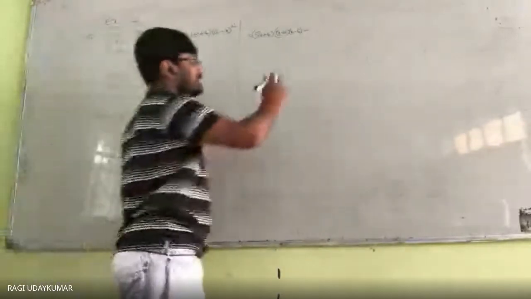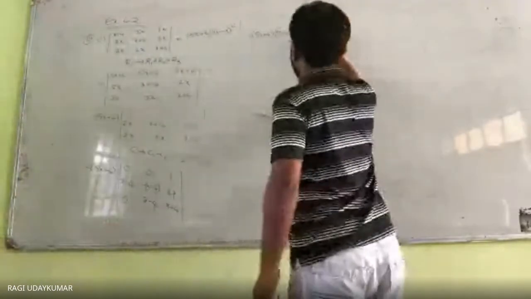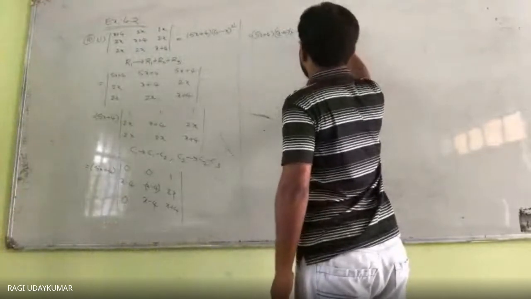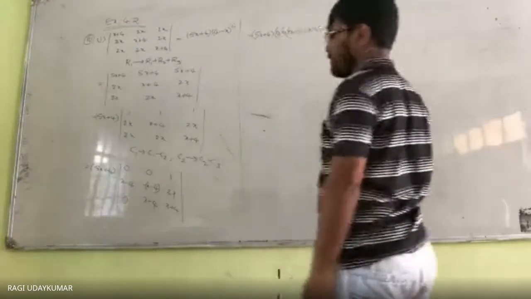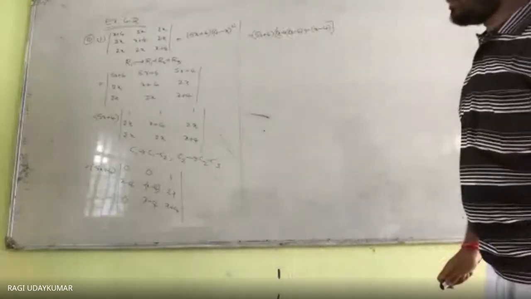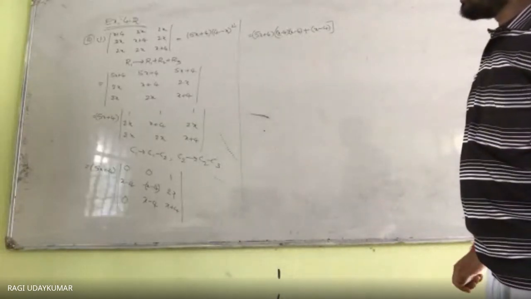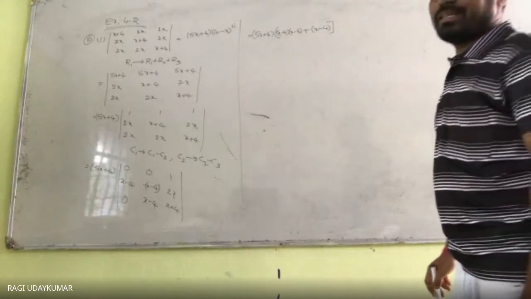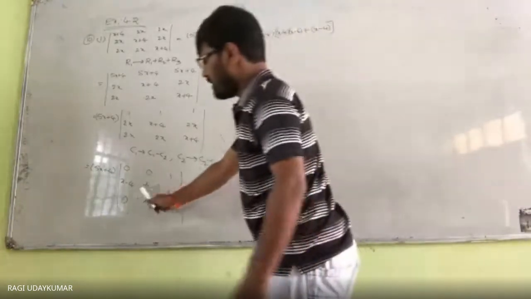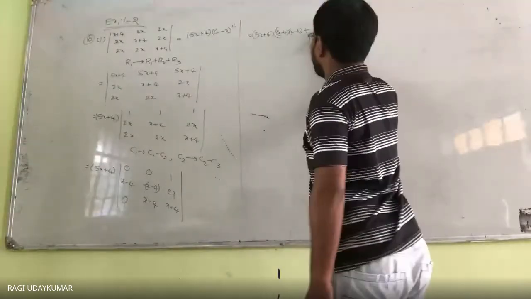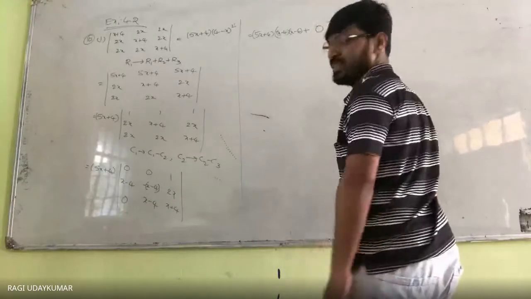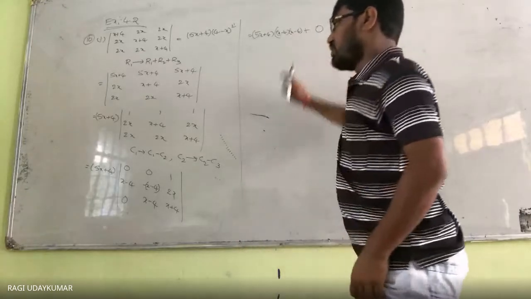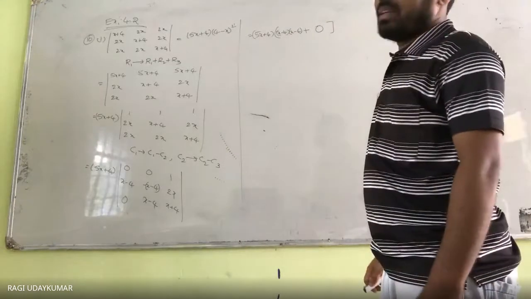So that minus and this minus will become the plus, and here x minus 4 I am doing. When you multiply this with this, 0 we are going to get. This part we are going to get 0. So here we are going to get x minus 4 whole square.